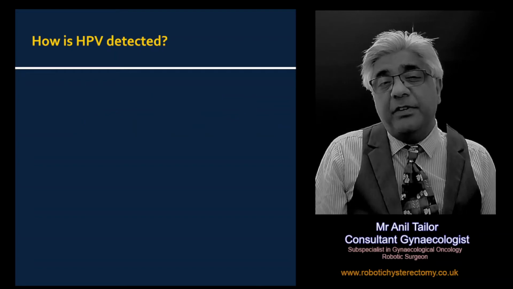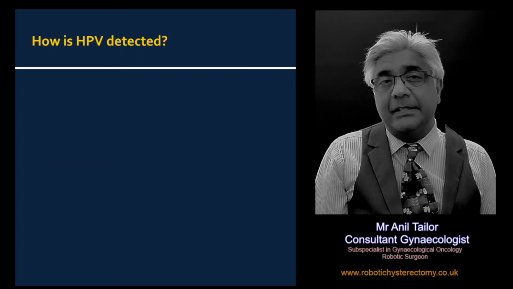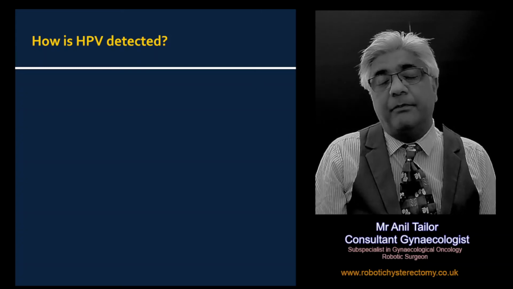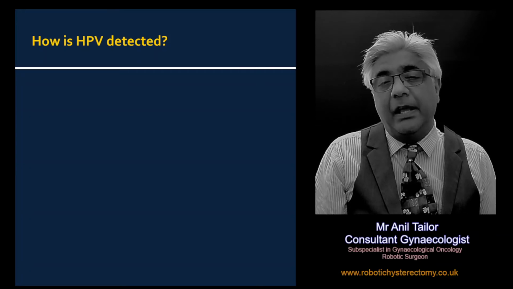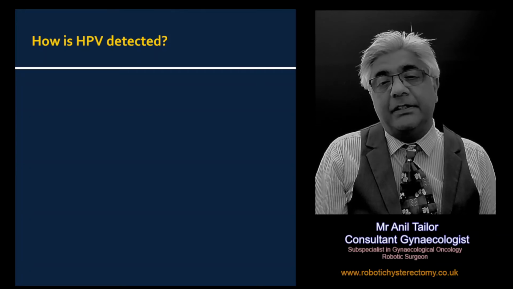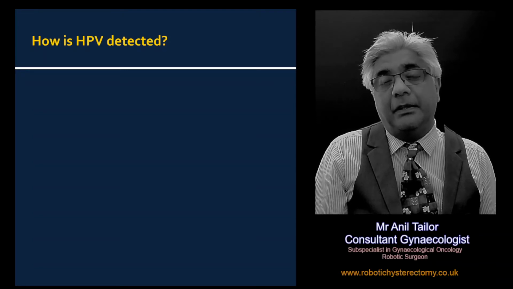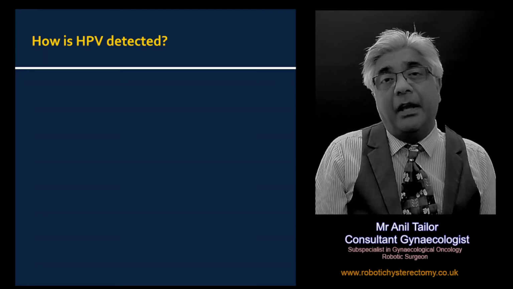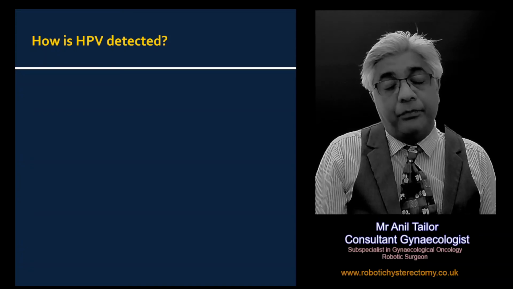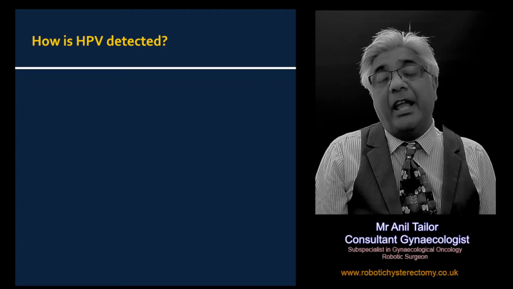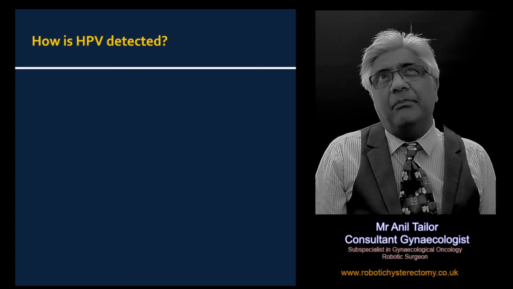And so the HPV is detected on the smear itself. So the smear that women have, the cells that are collected, they are deposited in a fluid, and the fluid is examined by the lab, and they are able to detect the HPV virus, and they are able to type it.